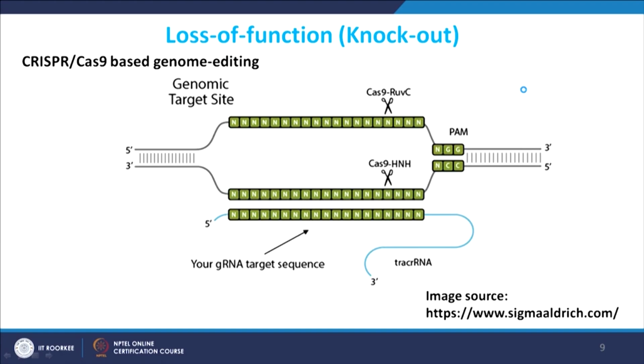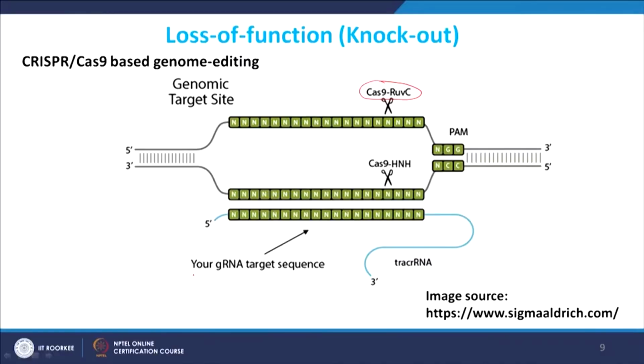What is this CRISPR-Cas9 based genome editing tool? Here we are using a bacterial endonuclease, which is an RNA-guided endonuclease, that is Cas9. You simply produce a guide RNA and produce the Cas9 protein in the plant. This guide RNA you can target to your sequence wherever you want.